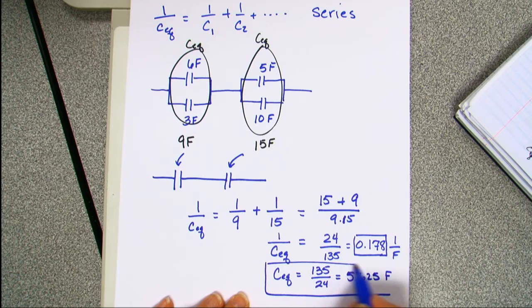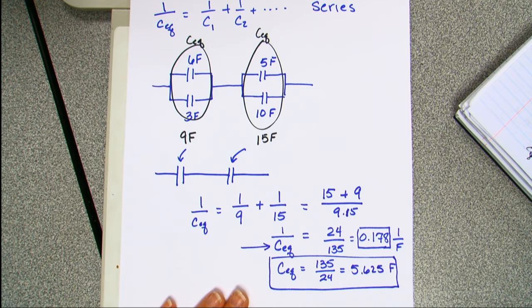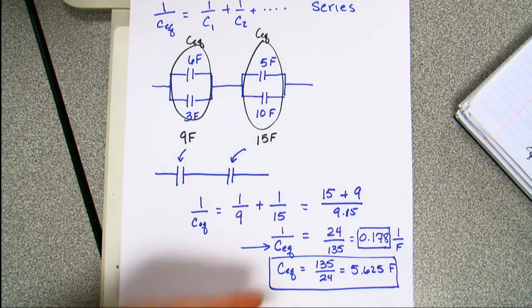The most common mistake doing these problems is you forget that the thing you're solving for is in the denominator. You go through all of it, you've done everything right, but you forget to flip it over at the end.